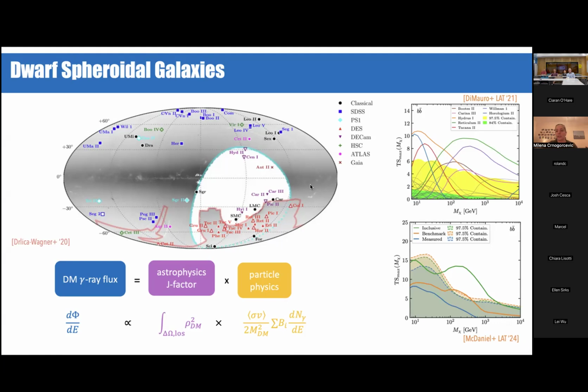And I want to draw your attention to maybe the green line here, which comes from Reticulum 2, for example, and it shows a somewhat significant TS max of about 8, which translates into 2 point something sigma. A similar result has been found in 2024. This is a combined likelihood analysis with an increased maximum TS at around a few hundred GeV dark matter mass.